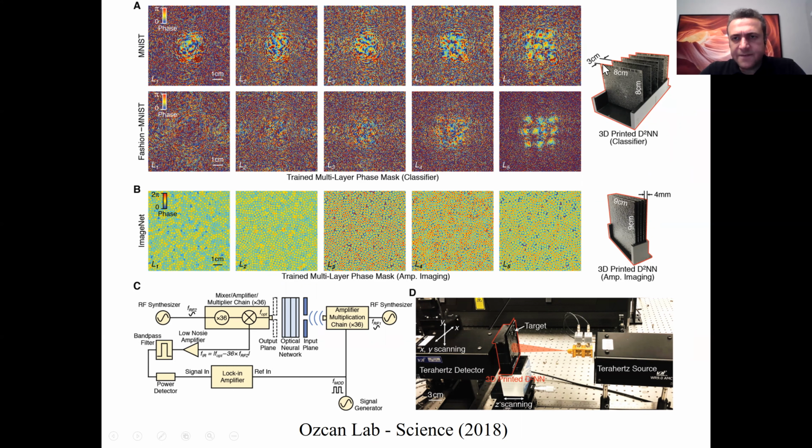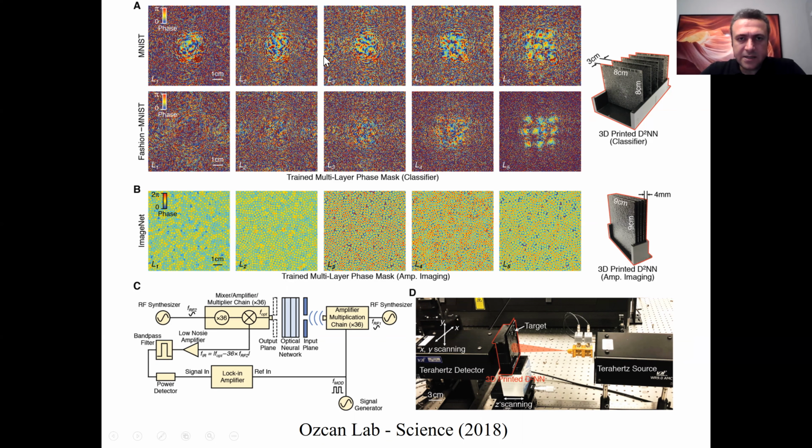A few tens of wavelength separation between the layers in this case. And this one is another data class, a second diffractive network of similar dimensions to process fashion products all optically. And this one is another design which is a very thin optical imaging system where the distance between the object and the image plane is only a few tens of wavelengths.